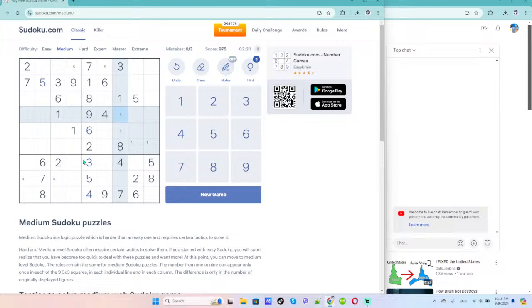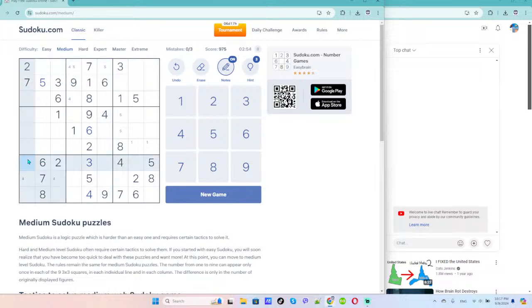And also, what's quite interesting here is that 4 can go either here or here, which overlaps with this candidate. That's the interesting point, that if we spot this number, we can find this and this. It's quite simple.